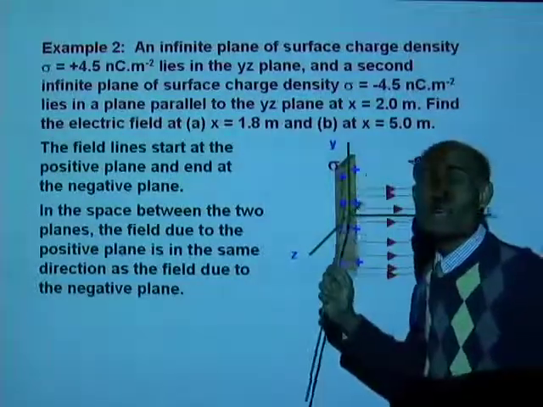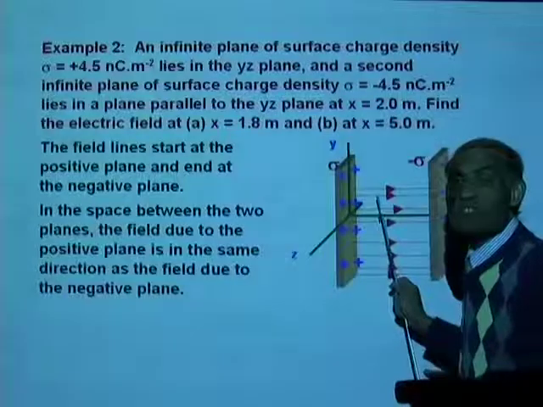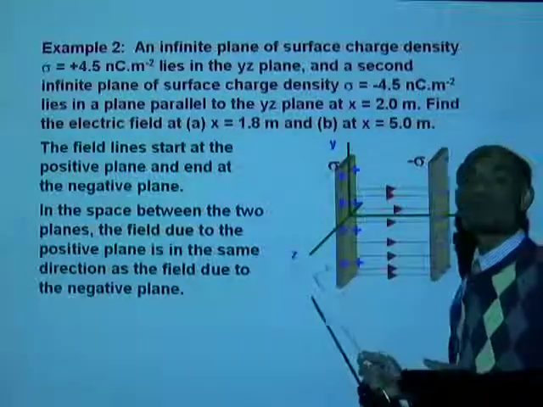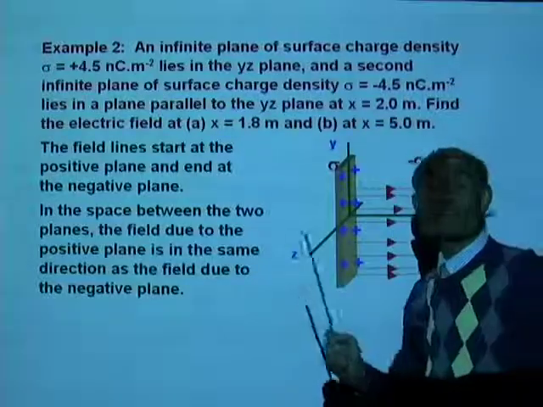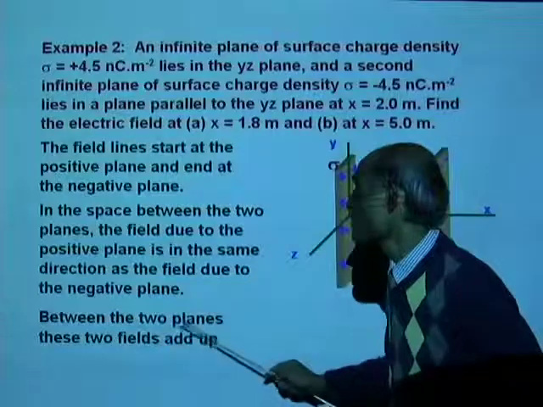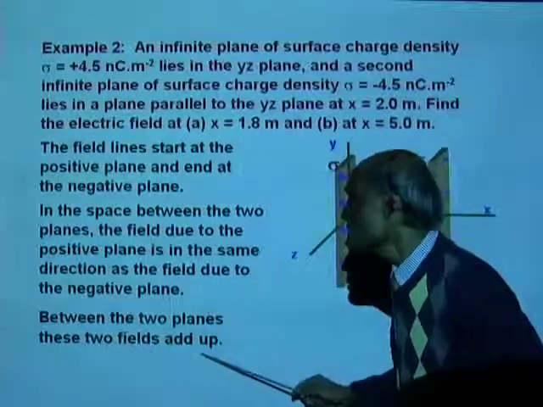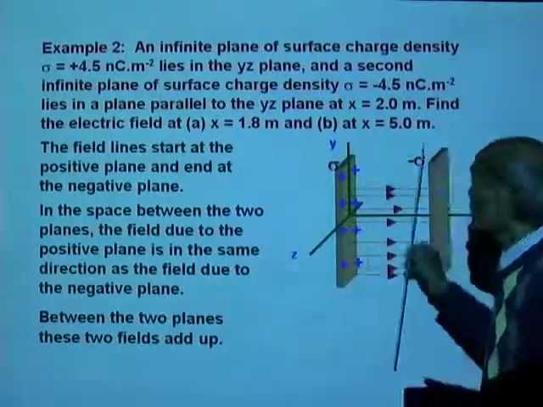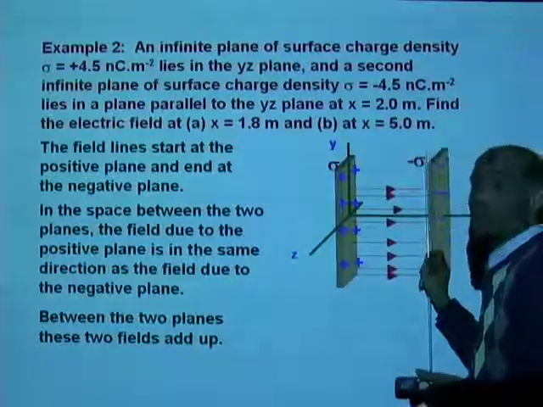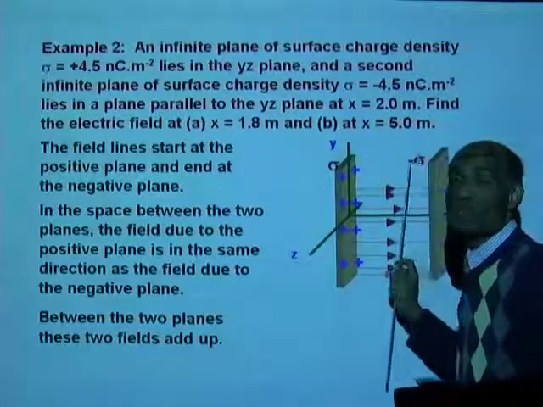You see, the electric field will have the same value at any point in between these two planes. And you can find that using Gauss's law. Now, between the two planes, these two fields add up. That means the field due to this plane will add up to the field due to the second plane.